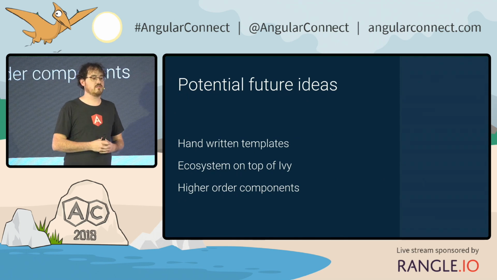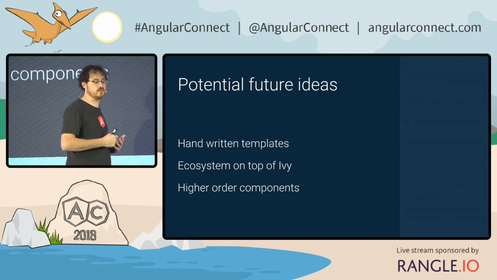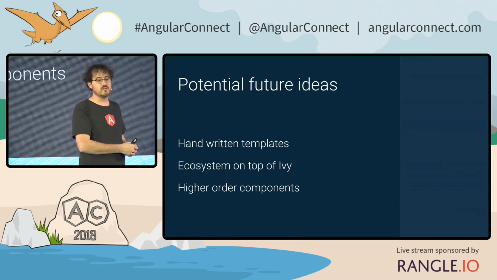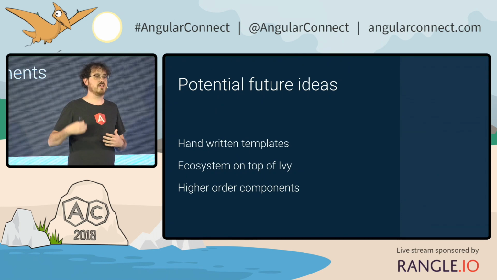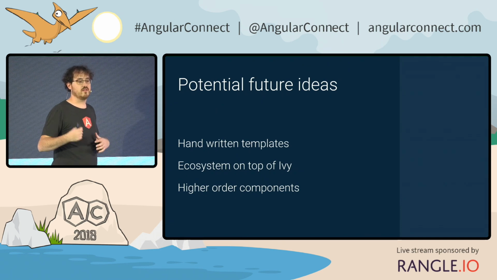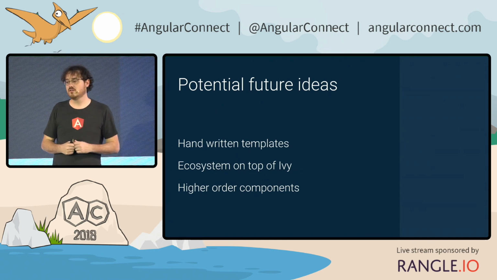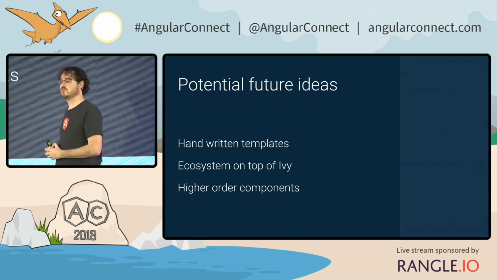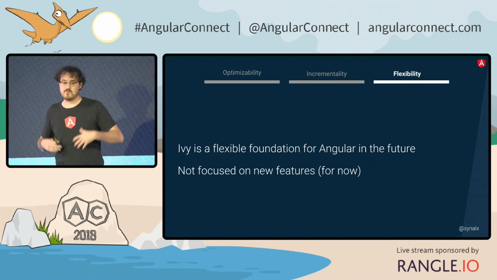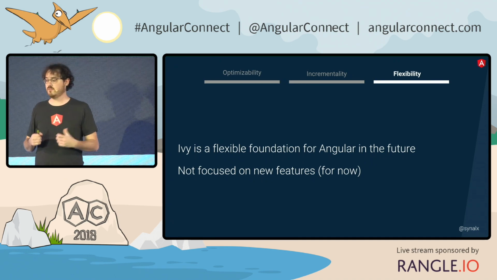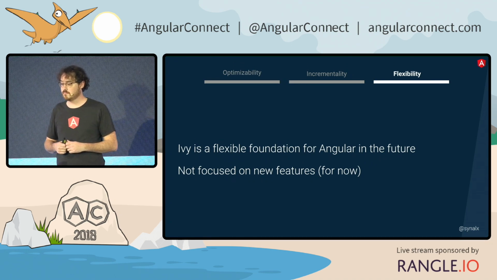One commonly requested feature, for example, is the ability to write higher-order components, which is a component that gets wrapped by a function, and the function adds behavior or does something else to the component, and then you use that in your application. Ivy actually makes this possible, and we're thinking of ways we can do that. So it really does provide for us a flexible foundation for Angular in the future.